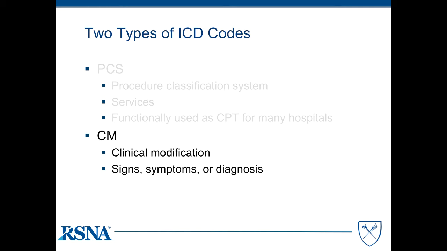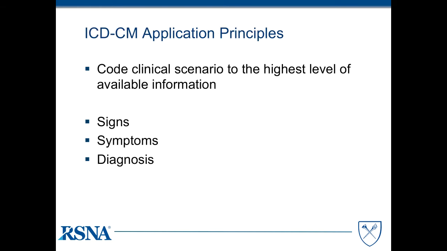That's signs, symptoms, or diagnoses. So when you hear ICD, for all intents and purposes, think CM, not PCS. Now, when we talked about CPT, I told you about the accuracy imperative and the de minimis approach that coders are instructed to use when physician documentation is incomplete or confusing.